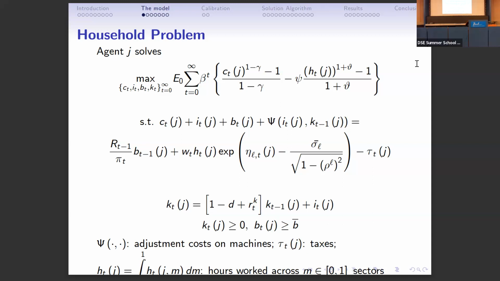Let me mention one thing, how this model, which is a New Keynesian model, could be different from, for example, the OLG model that was presented at the beginning of the day. We know that it's hard to solve a model with more than one asset, so two is already a serious complication.